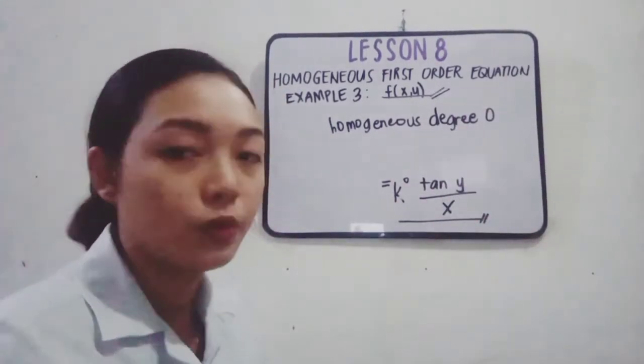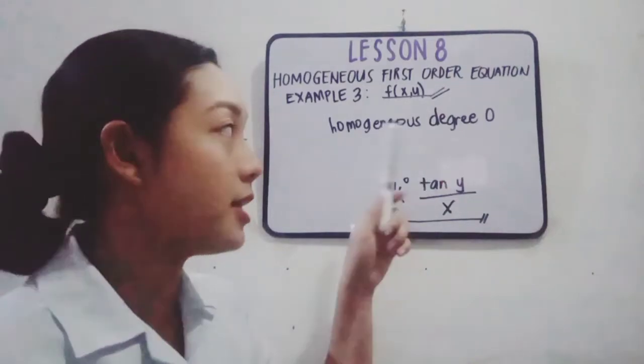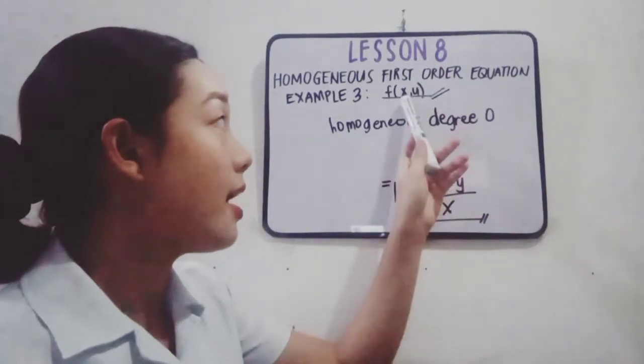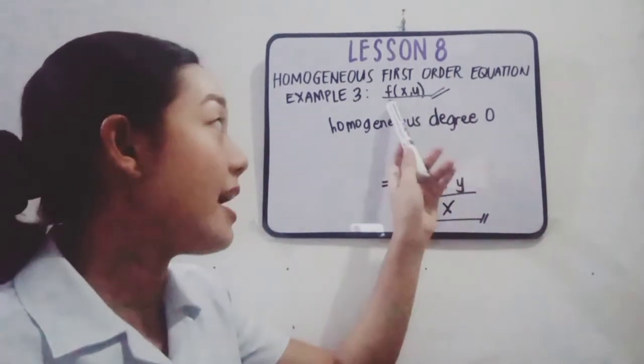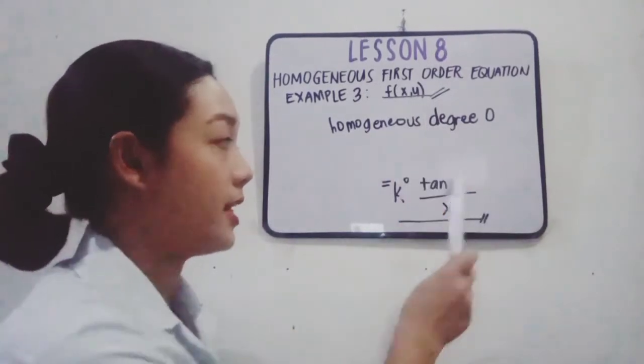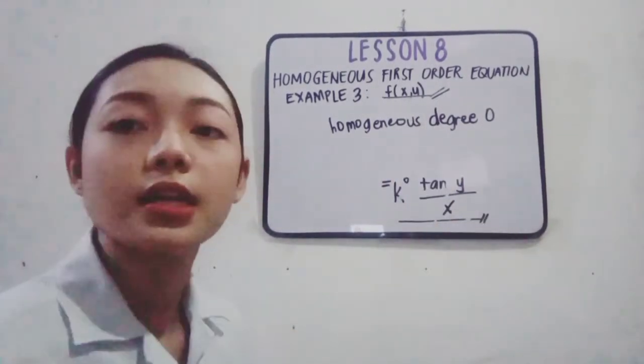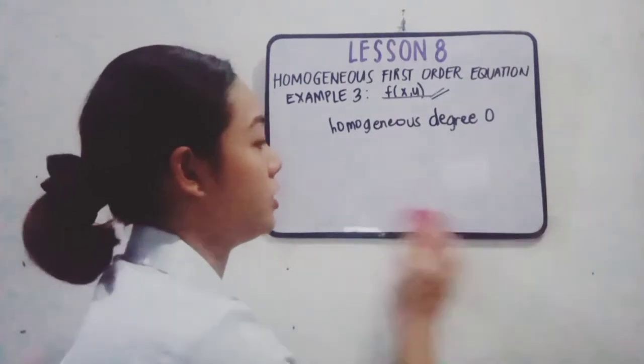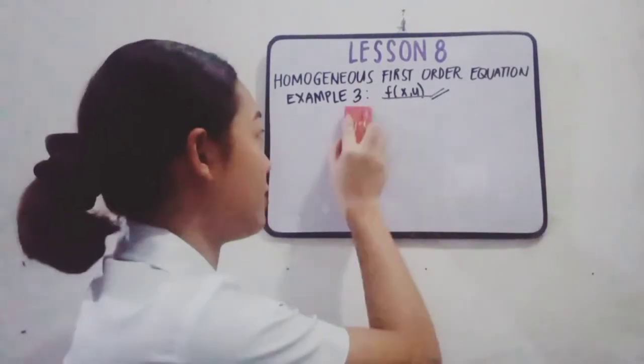So it is homogeneous because its answer went back to the original form, which is f of x and y here. So that is homogeneous. Let us proceed to example number 4.